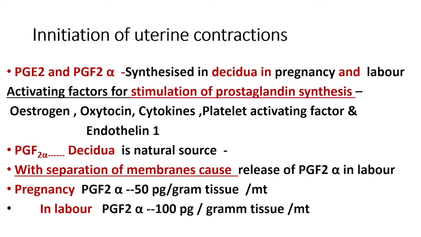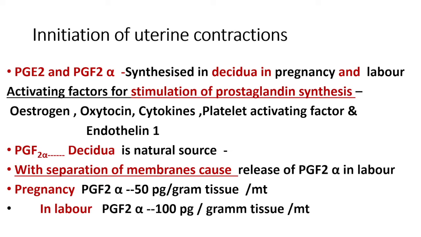As such, prostaglandin E2 and F2 alpha is synthesized in the decidua in pregnancy and labor. Activating factors for stimulation of prostaglandin synthesis are estrogen from the placenta, oxytocin, cytokines, platelet activating factors, and endothelin 1.